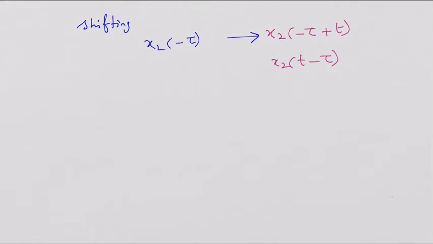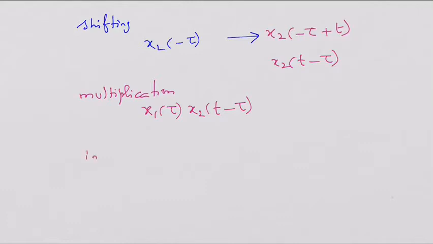Right. The next one is multiplication. The next step involved in the process is called the multiplication step, where the x2 of t minus tau will be multiplied with x1 of tau to obtain the product x1 of tau and x2 of t minus tau. The product signal is to be integrated.